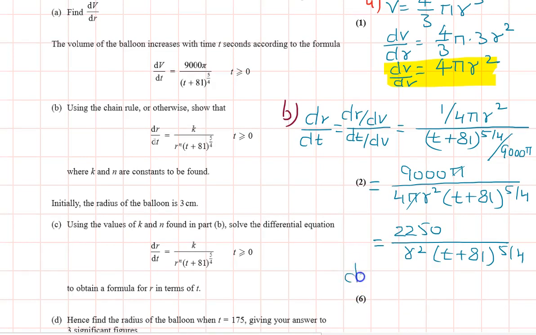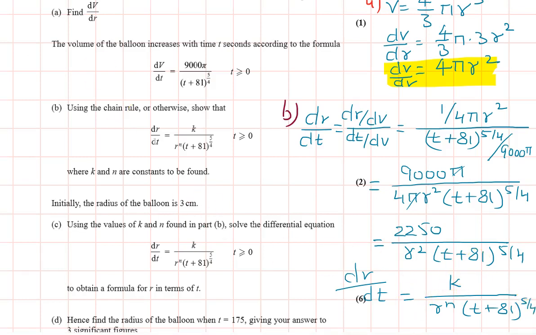So dr over dt will be, this is a constant, this is also a constant, t plus 81 to the power 5 over 4.